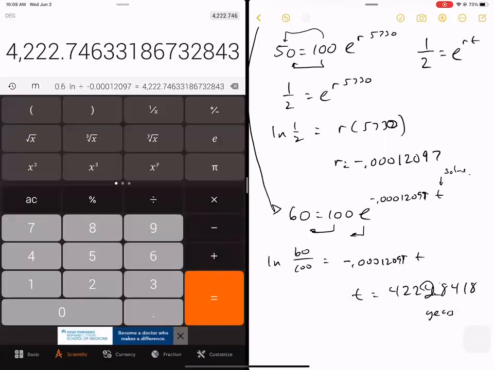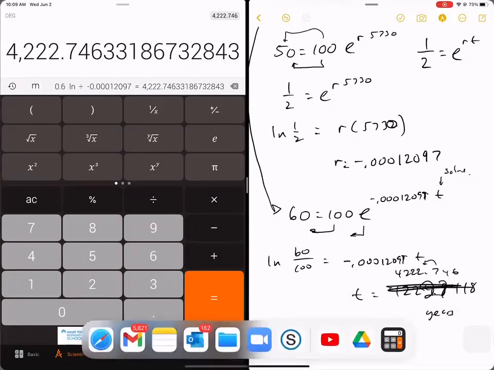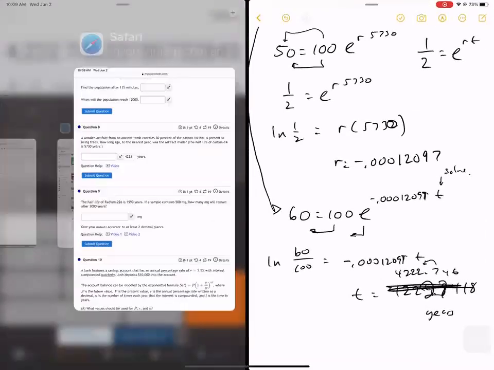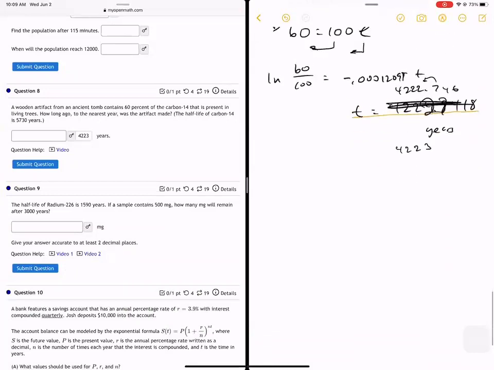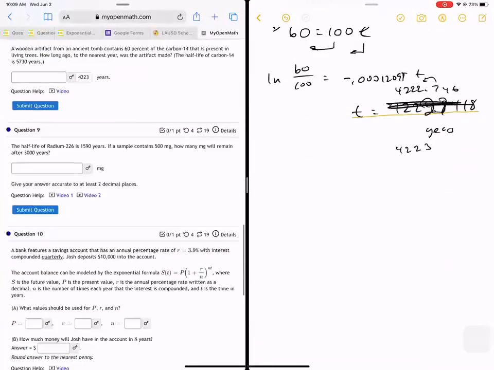Rounding up from 4222.746, rounding up would give me a 3. Yeah, I think that's the answer that they wanted. I just miscopied the 7. Yeah, that's what they wanted. 4223. Okay, that's finished. We should be able to finish all these questions.